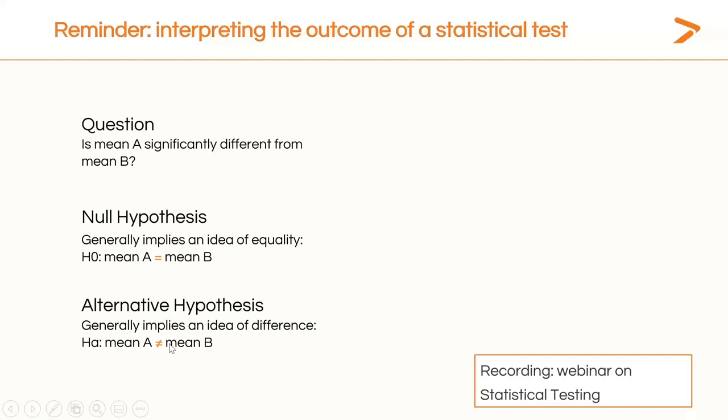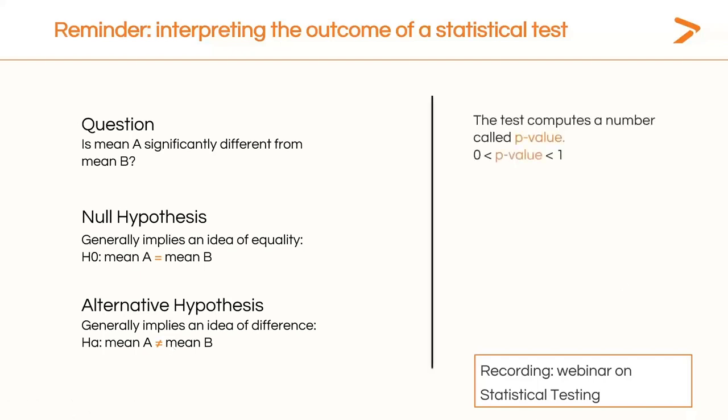The test will compute a number, which is called the p-value. The p-value is confined between 0 and 1. This is a probability value. And how can we take a decision out of the p-value? We compare it to a risk threshold that we call alpha.